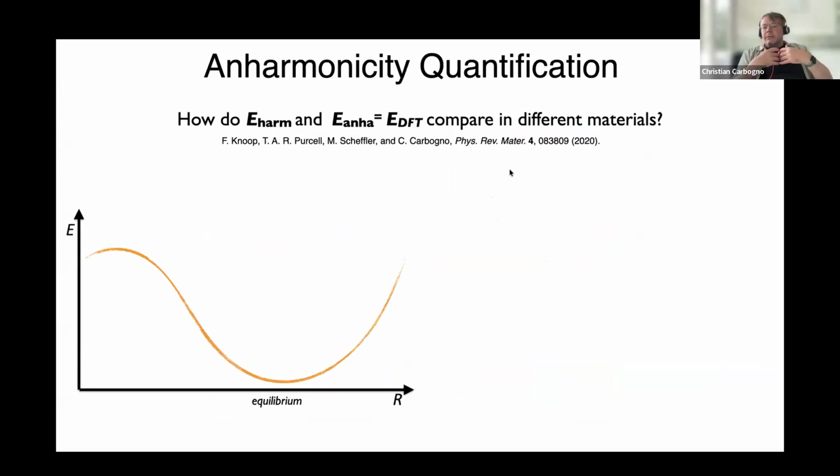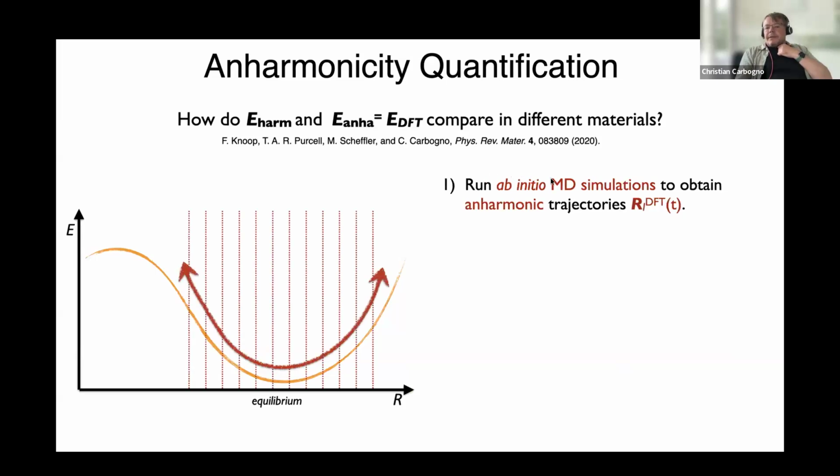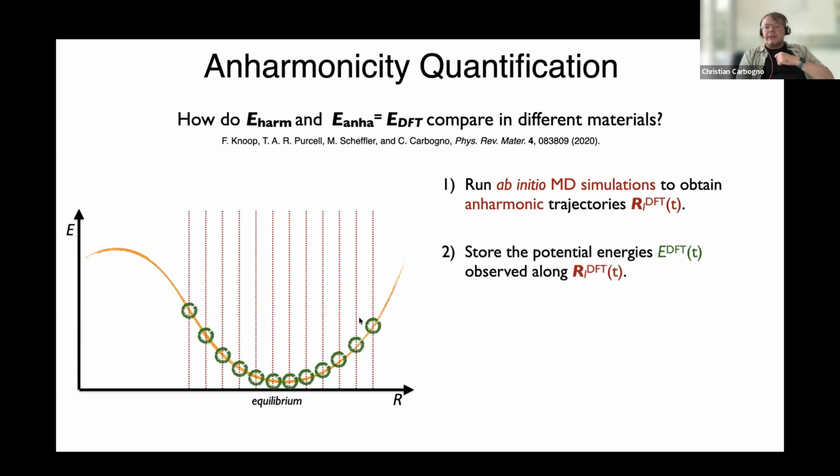Then we followed a very simple scheme that is also easy to follow. First you run your molecular dynamics simulation and try to explore your potential energy surface. You store the energies calculated in this molecular dynamics run at different positions.